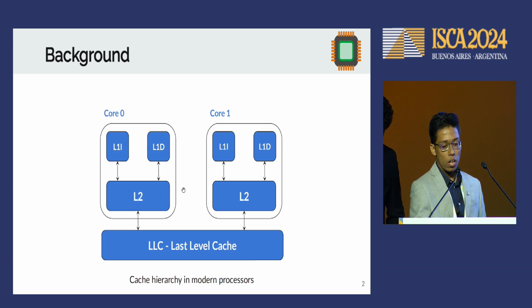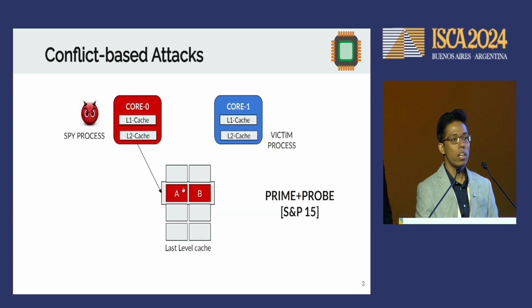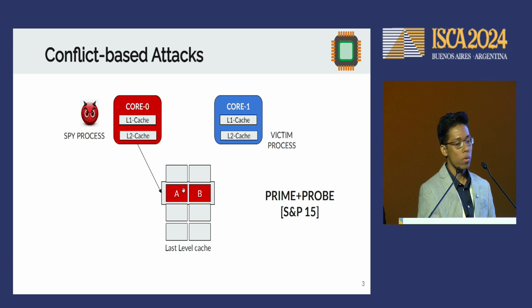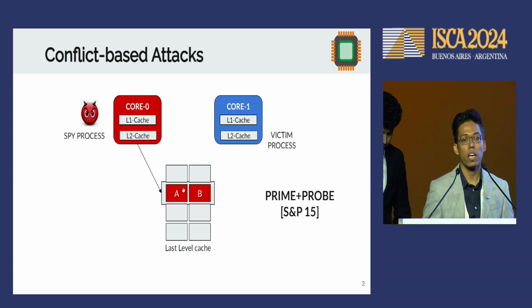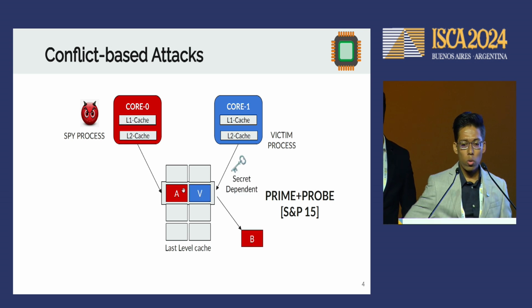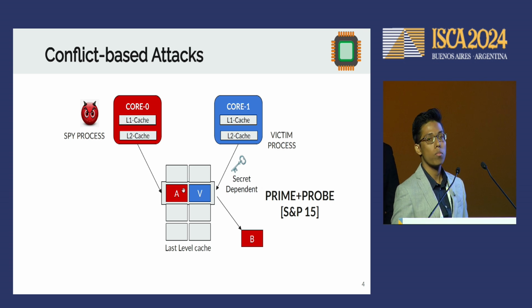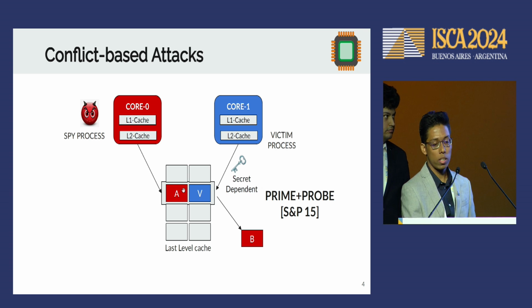Now this last level cache is prone to something called conflict-based side channel attacks, which is a security issue since 2015, starting from an attack called prime plus probe, where an adversary can populate the cache lines and monitor the victim's accesses. So if the victim accesses a particular cache line and evicts the adversary's block, the adversary can probe the cache and figure out what kind of addresses the victim is accessing.